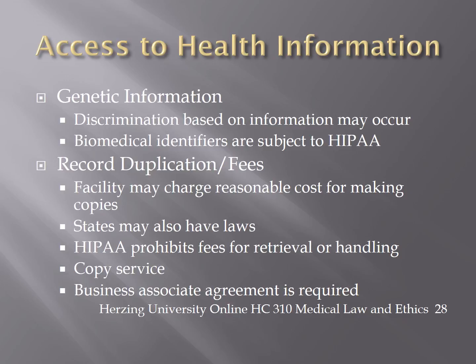The facility may charge reasonable fees for the duplication, but not for retrieval or handling of the records. A copy service may be used for the duplication. If there is information regarding a business associate, there must be an agreement with that associate as well.